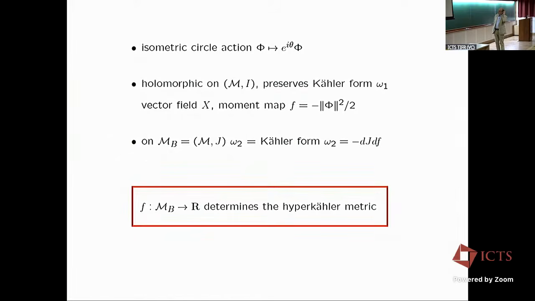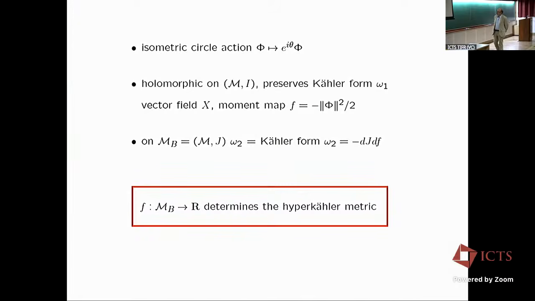What we also have is an isometric circle action, rescaling the Higgs field by e to the I theta. This is holomorphic in complex structure I and preserves the Kähler form. So it generates a Hamiltonian vector field, X, with respect to omega-1. And the function F is basically, my convention is, minus the norm squared of the Higgs field over 2.